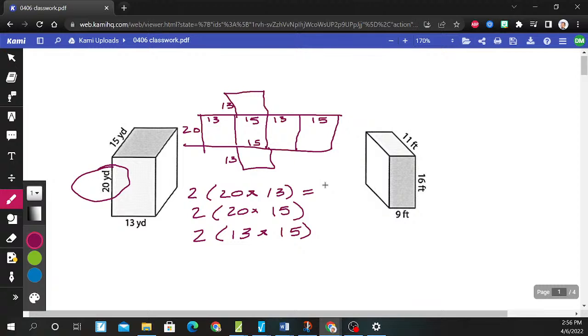So 20 by 13, grab a calculator here. 20 by 13, times 2 gives us 520. And then 20 by 15 is 300, times 2 is 600. And then 13 by 15 times 2 gives us 390. And if we add all three of those together, we get 1,510, and that's yards squared.